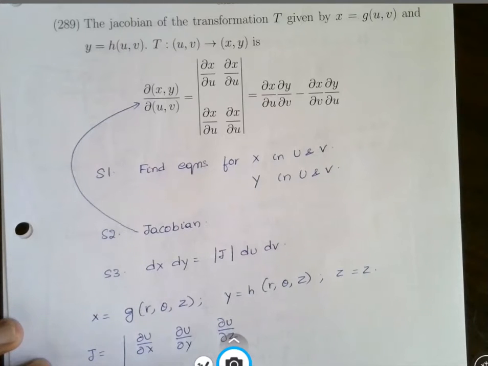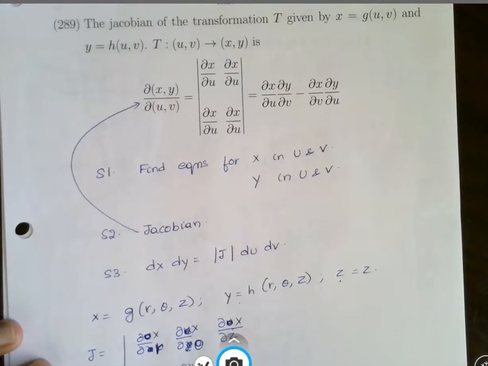The second row, since y is a function of r, theta and z, would be partial y over partial r, partial y over partial theta, partial y over partial z.